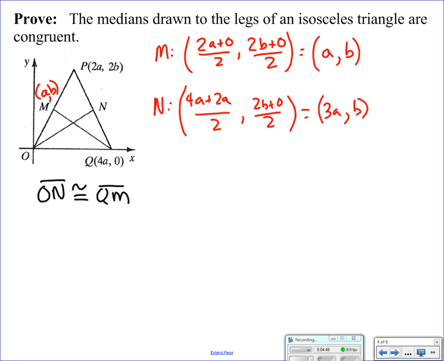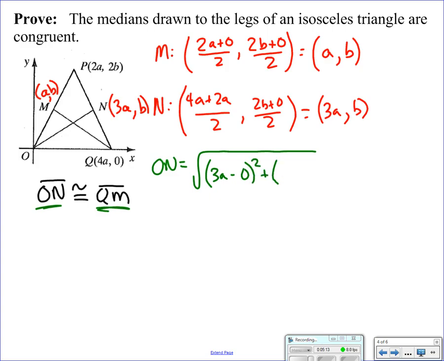Now, how do I prove two segments are congruent? Using algebra, distance formula. So let's find ON. So N was the coordinates of 3A and B. So ON is the square root of 3a minus 0 squared plus b minus 0 squared. So I have the square root of 3a minus 0 is 3a squared is 9a squared. B minus 0 is b squared.